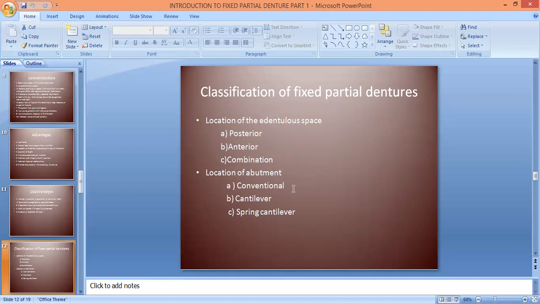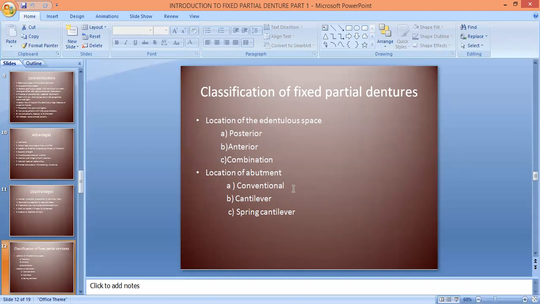Anterior is the FPD confined to the anterior region. Combination is the FPD extending both anteriorly and posteriorly. For example, if you have to replace single or multiple teeth, as in cases of canine and premolar, that is anterior and posterior.